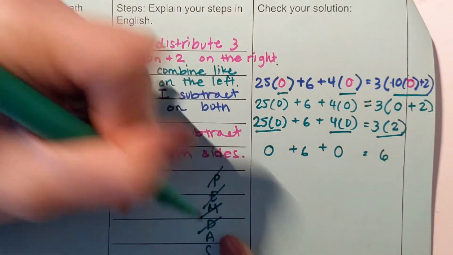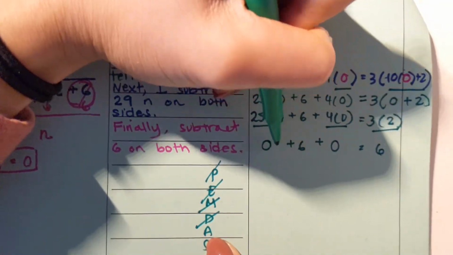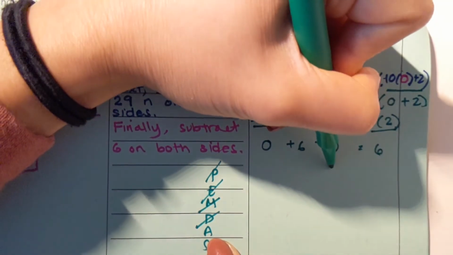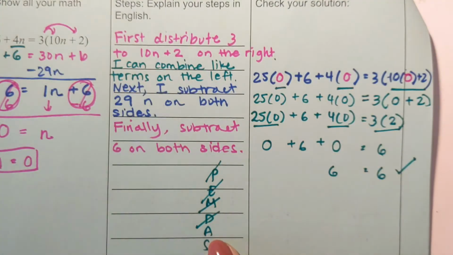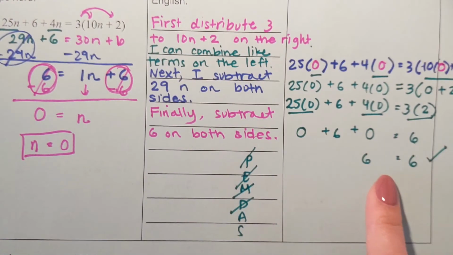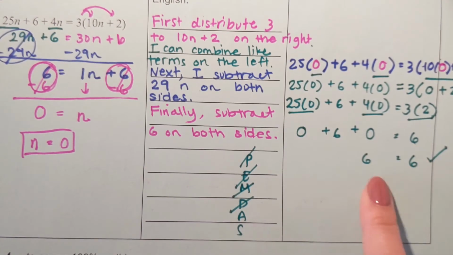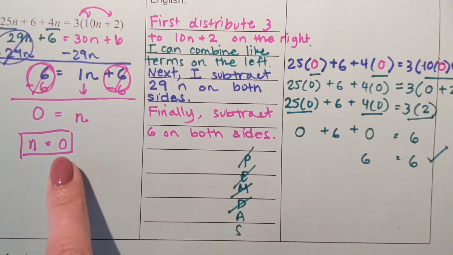There's no division. There is addition. So now I'm going to do addition. 0 plus 6 plus 0 is 6. And this is still 6, so this is true, which means this solution is correct. If I get something that's false, like 5 equals 6, or negative 6 equals 6, then it probably means there's something wrong with this number.